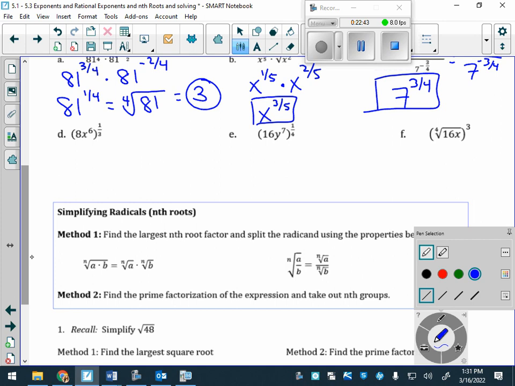So you just did the property, 8 to the 1/3 and x squared. Right. But then from there, how can I rewrite 8 to the 1/3? Which is 2. Okay. So Nolan went this route, which is okay.